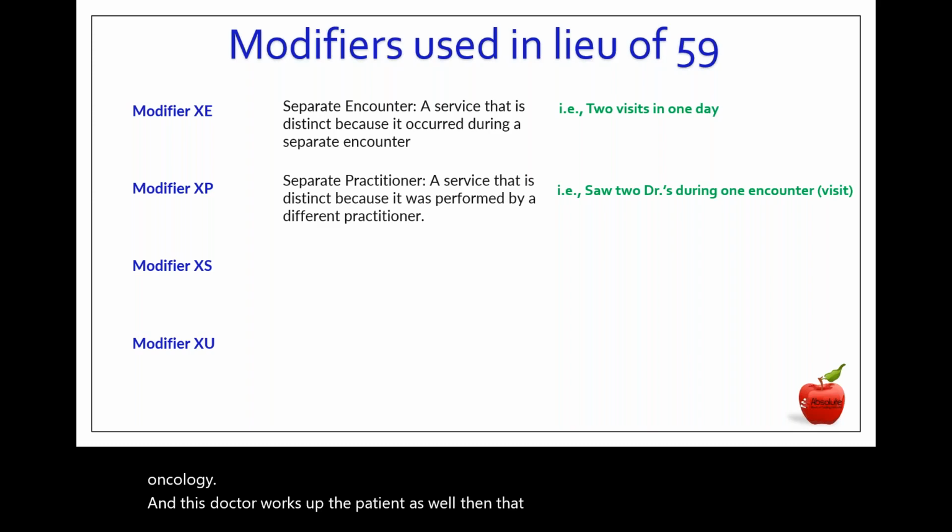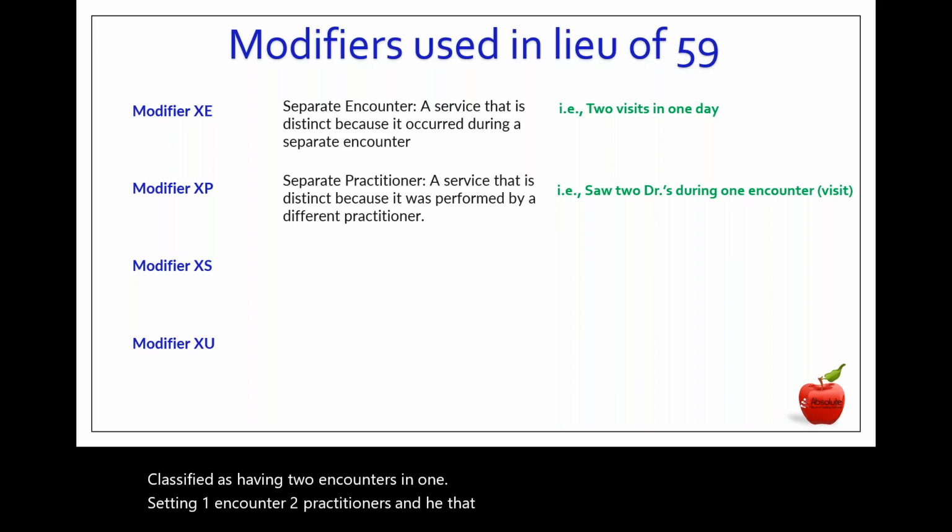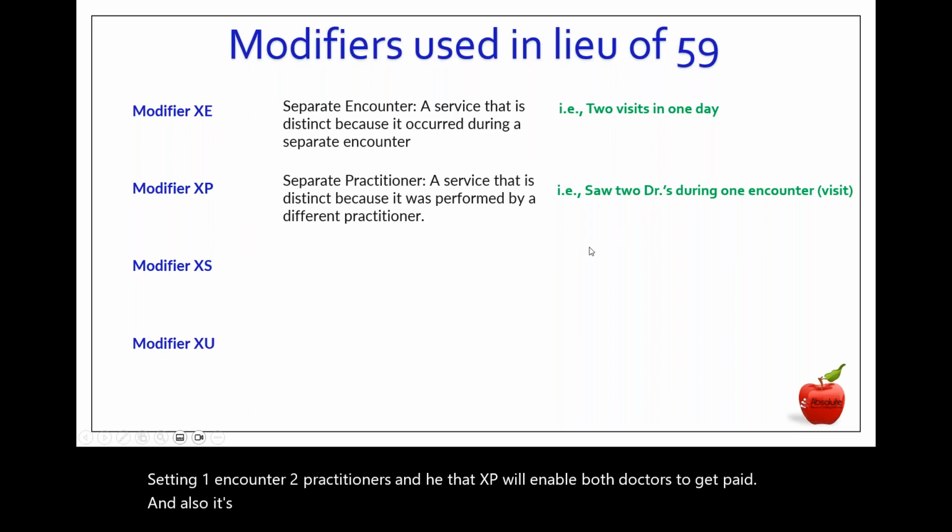Then that is one encounter, two practitioners, and XP will enable both doctors to get paid. It's also more specific than modifier 59.